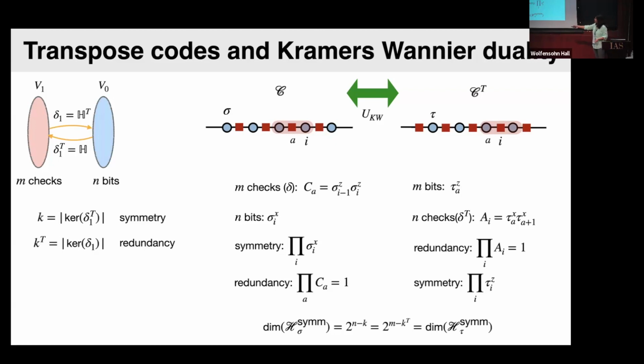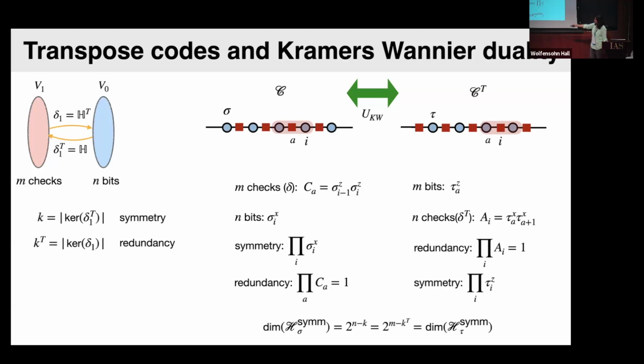So in terms of dimension counting, the dimension of the symmetric subspace of these sigma variables of the original code is 2 to the n minus k. And the dimension of this other code written in terms of the bits is 2 to the m minus k. With one line of algebra, you can convince yourself that these two dimensions are equal to each other.